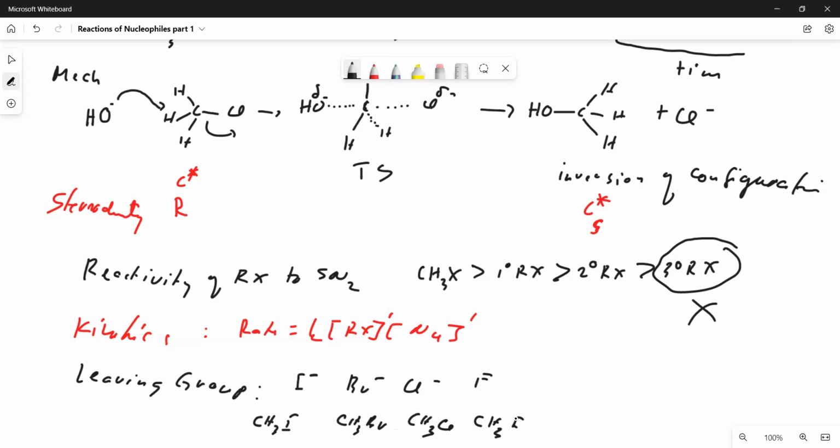Now, we assess the halogens in their ability to leave the carbon based on their basicity. The iodide is the weakest base because its conjugate acid HI is the strongest acid in aqueous medium. So therefore, it is the best leaving group.